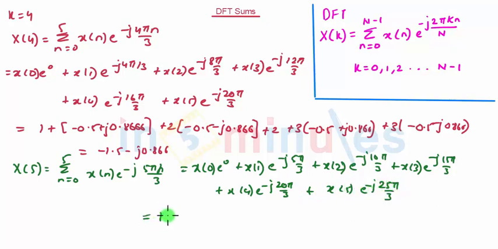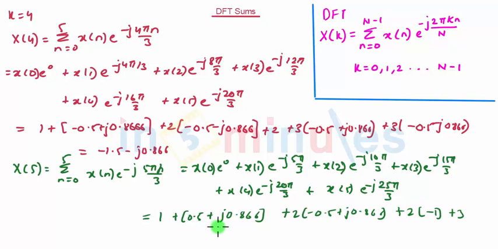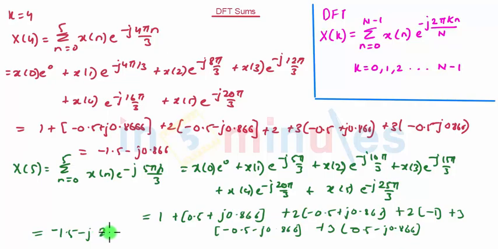It is equal to 1 plus 0.5 plus j 0.866 plus 2 into minus 0.5 plus j 0.866 plus 2 into minus 1 plus 3 into minus 0.5 minus j 0.866, and finally plus 3 into 0.5 minus j 0.866. So the value is minus 1.5 minus j 2.598.